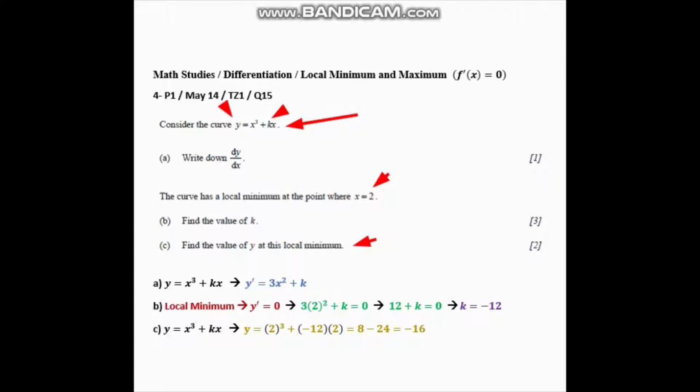And this is what I did in the equation in gold right there. So 2 to the power of 3 instead of x plus k, which is negative 12, times 2 instead of x, gives me 8 minus 24, which is negative 16. So take a minute to write this down, if you will, and I shall begin the fifth and final question shortly.